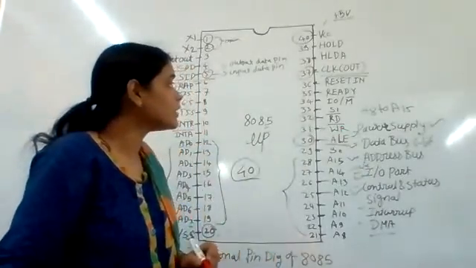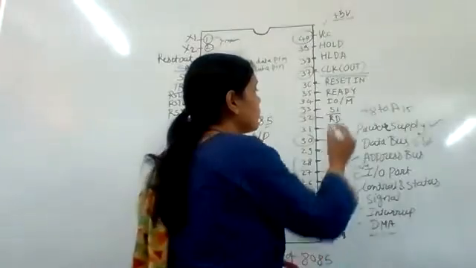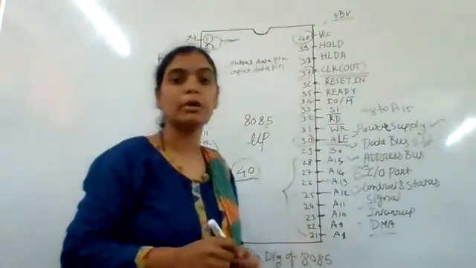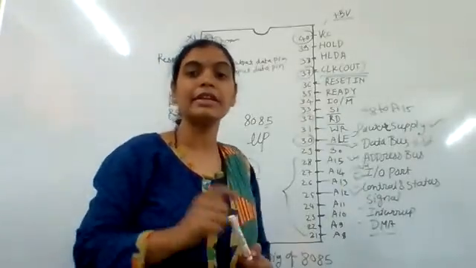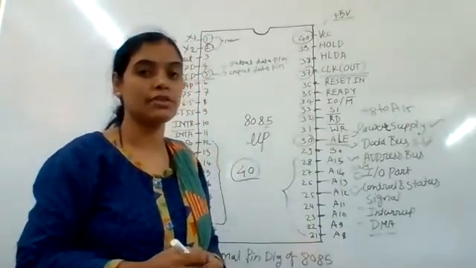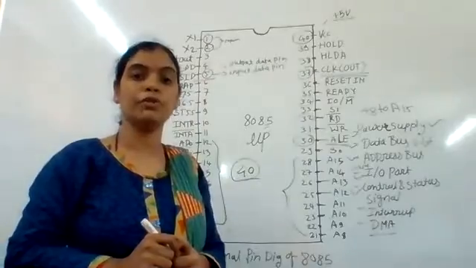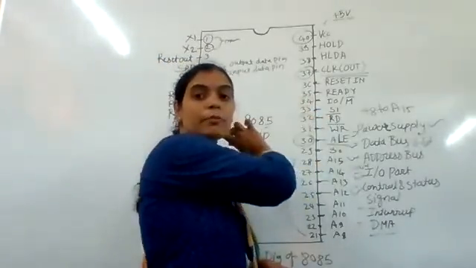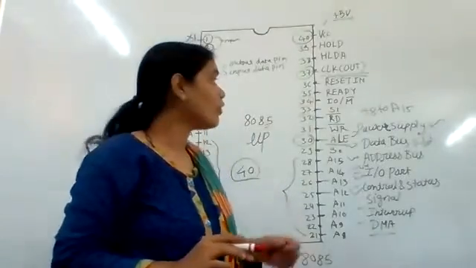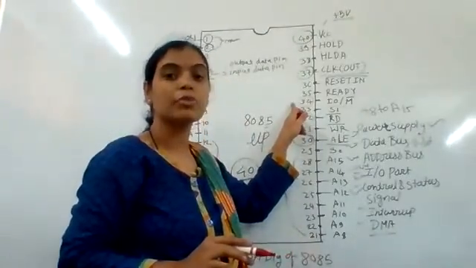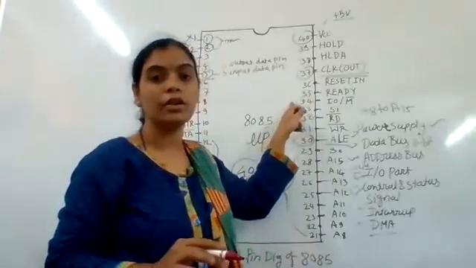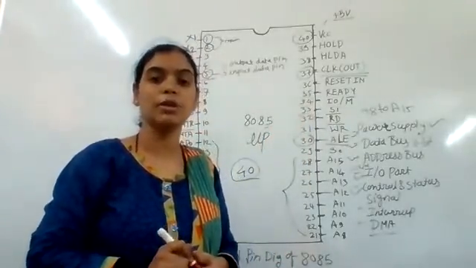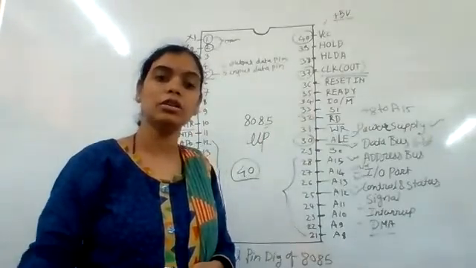The next pin is IO/M bar, pin number 34. It indicates the selection of memory address or input-output device, that is, whether the read or write operation is to be carried out at the memory location or at the IO device.